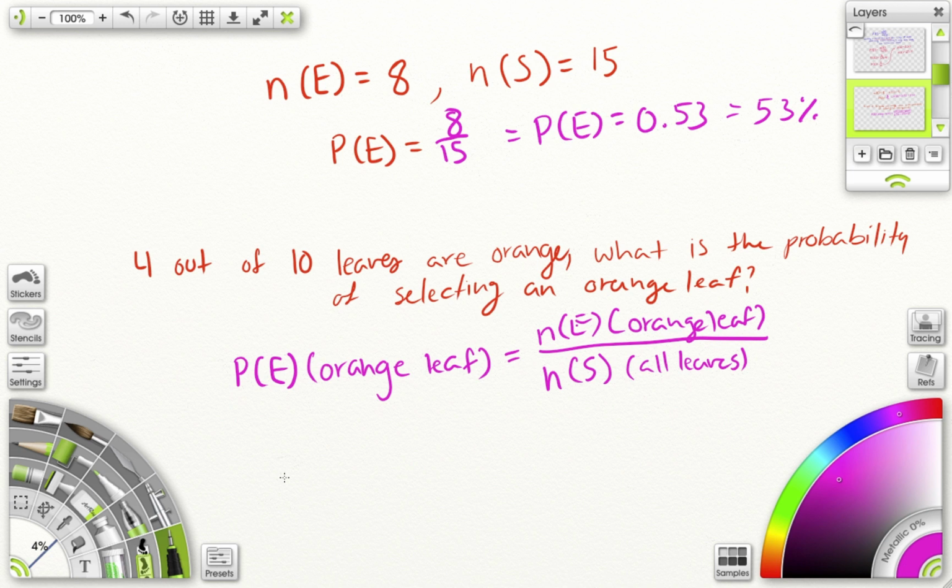So if I'm going to put the numbers in, it's P(E), which is our unknown, orange leaf, which is 4 out of 10 leaves in total, equals 0.4 times 100 equals 40%.